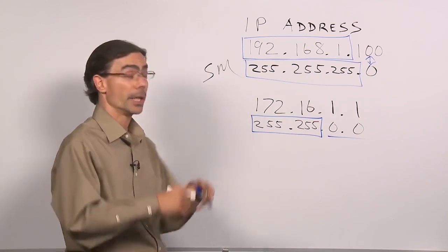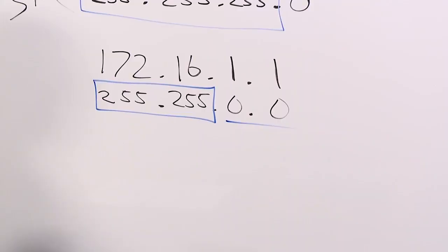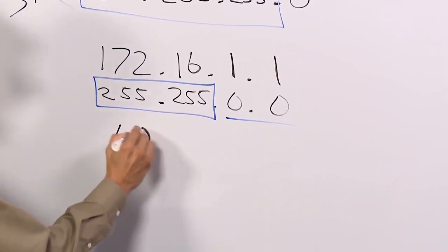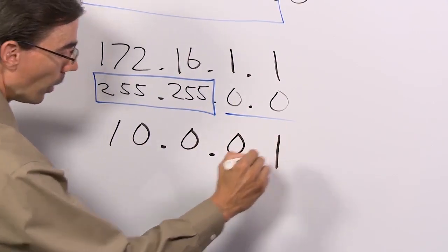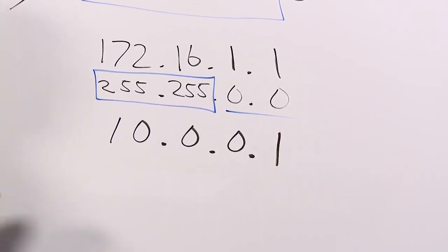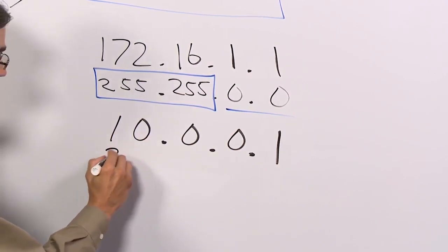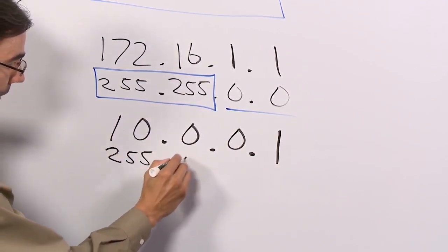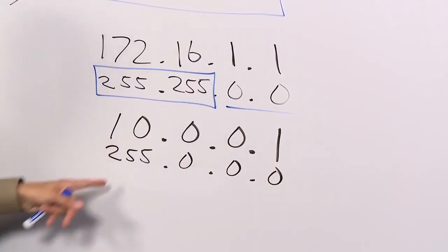Rounding it out, the biggest networks, enterprise networks, government networks, they use Class A. An example of that might be 10.0.0.1. And the typical subnet mask for a Class A address or a Class A network would be 255.0.0.0. And you can see the pattern here.